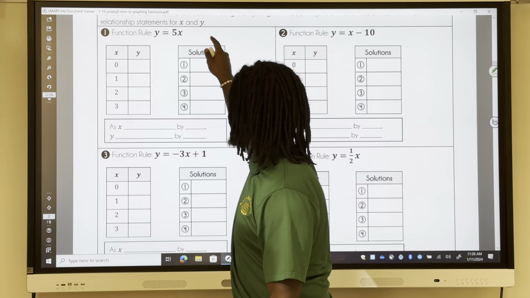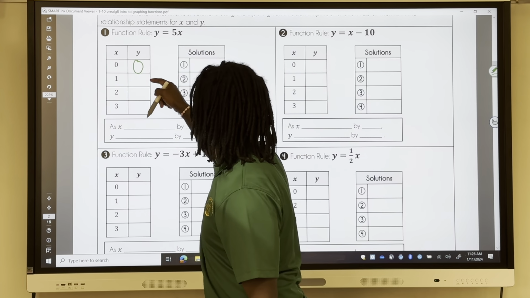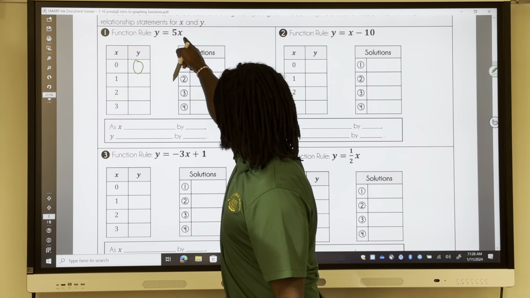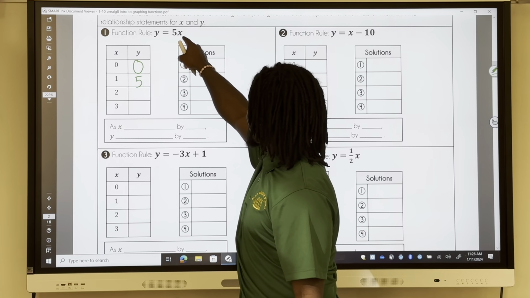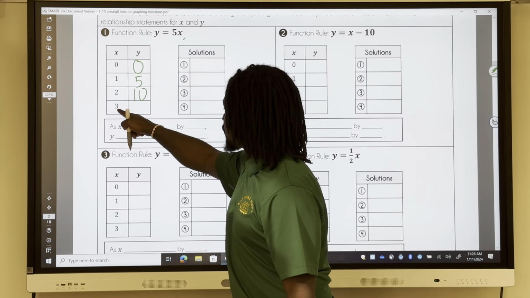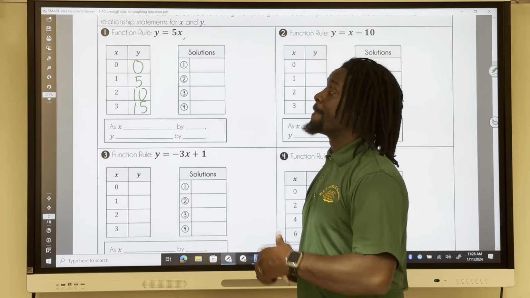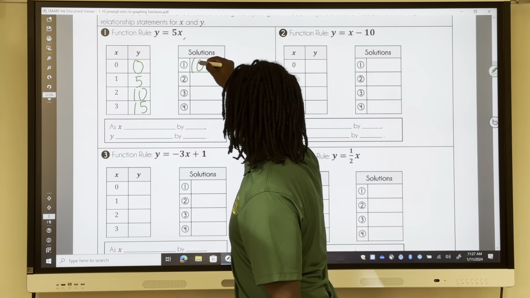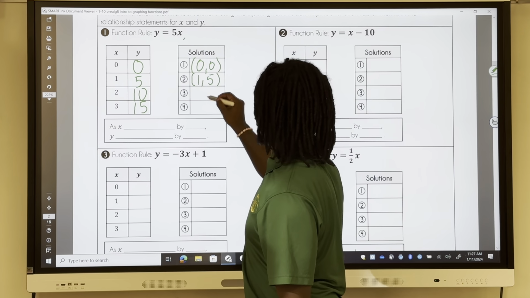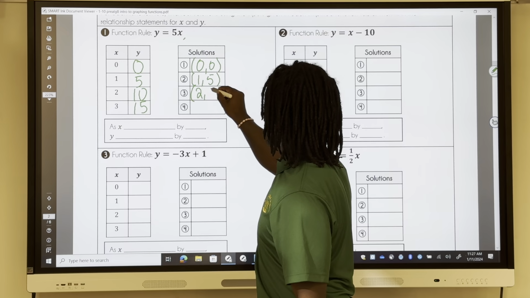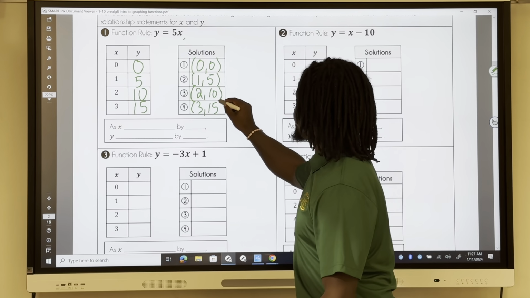So 0 times 5 is 0. 1 times 5 is 5. 2 times 5 is 10. 3 times 5 is 15. So our solutions are 0, 0; 1, 5; 2, 10; and 3, 15.